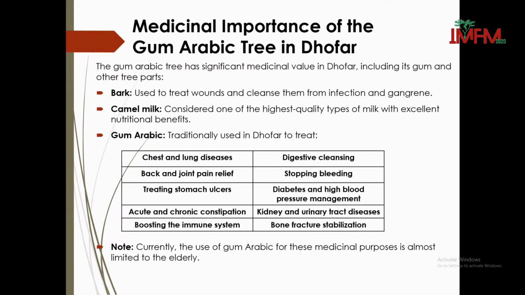There is a medicinal importance of this tree. For the whole tree, we can notice that the bark is used to treat wounds and clean them from infection and gangrene. Also, the camel milk from camels that feed on this tree is considered the highest quality type of milk with excellent nutritional benefits.